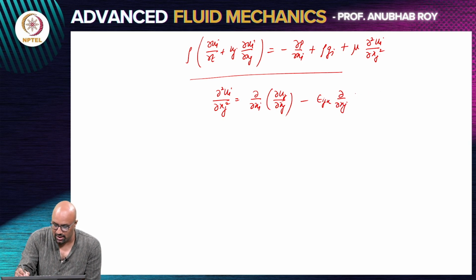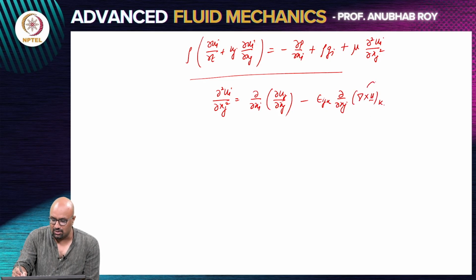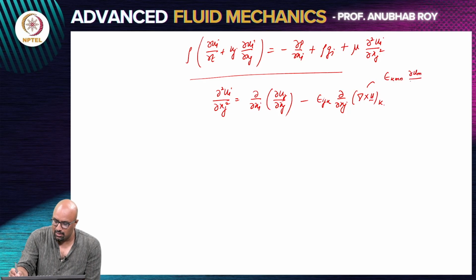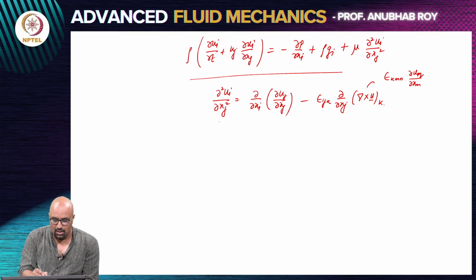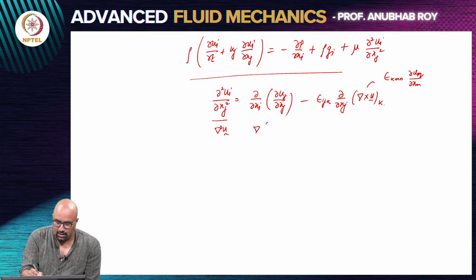So, ∂/∂x_j of the curl of u, k component. So, this is ε_kmn ∂u_n/∂x_m. So, del squared u is the gradient of the divergence of u minus the curl of the curl of u.